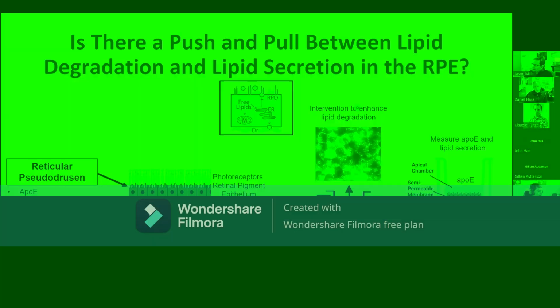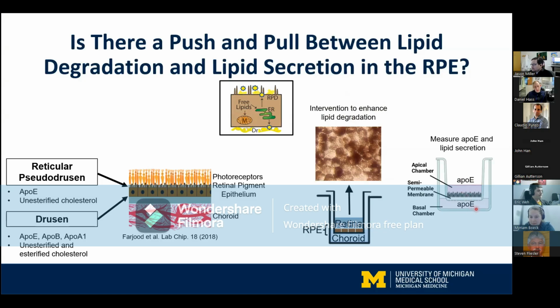At the same time we'll collect supernatants from the basal and apical side, and we'll measure ApoE, as well as, as we're starting to do, actual lipid species being secreted into the media on each side, both by enzymatic kits and eventually by mass spectrometry and thin layer chromatography. So that's the general platform and the hypothesis that the lab globally wants to pursue.